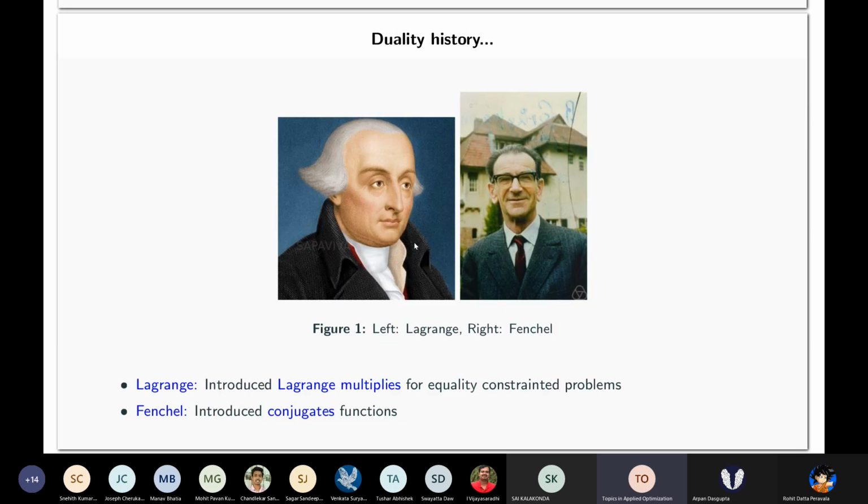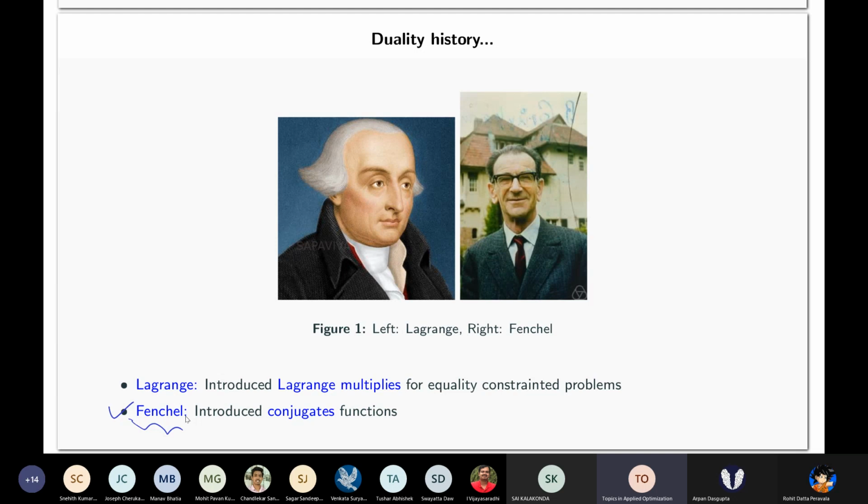Now, digging back a little into the history, duality has two main people. The first one is the conjugate function, something we have already seen in the class, and that is due to Fenchel.